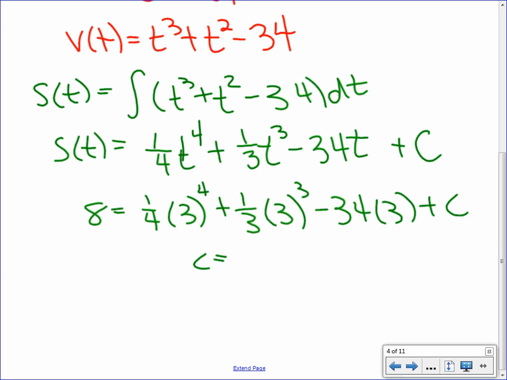Do you have it? 62 3/4. Which, as an improper fraction, is what? Do you know how to change it to an improper fraction?